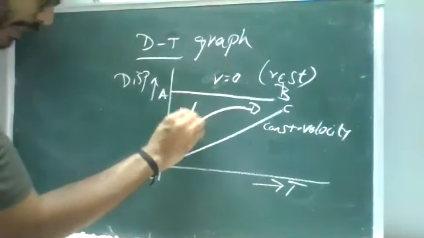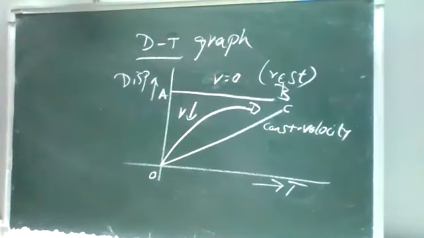That is, the motion is retarded. The velocity is slowly decreasing, and retardation is there. Motion is retarded.